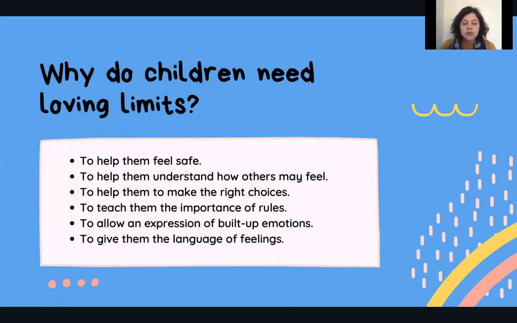And it also gives children the language of feelings. So if we identify our children's feelings and we're really attuned to them and we tell them how they're feeling, then they will use this in their own vocabulary and they will start to notice how they're feeling themselves. So if you say, oh yeah, you're really frustrated because the tower's not going how you want it to go, it keeps falling down.